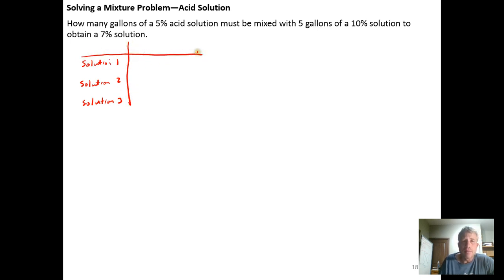And then I need to think about the types of information I'm being given about those solutions, and I see that I'm given a solution strength. That's the percent of the solution that is acid. So I have a strength measurement. And then I have a gallon measurement. And this is gallons of solution.